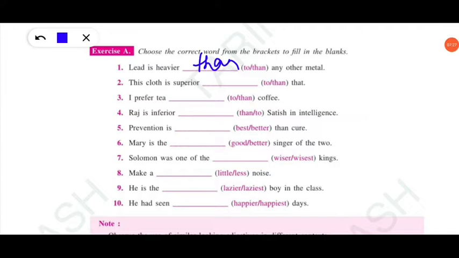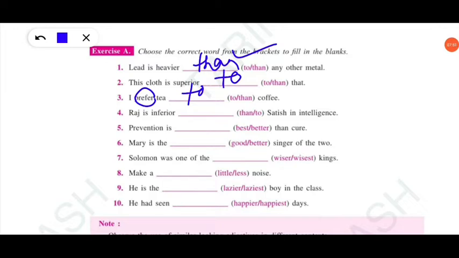Comparison is made, so you have to use the comparative degree. The next: this cloth is superior to. As we have discussed, if there is superior, inferior, junior or senior, you have to use to, not than. The next: I prefer tea to coffee, not than. If there is prefer, superior or senior, you have to use to.